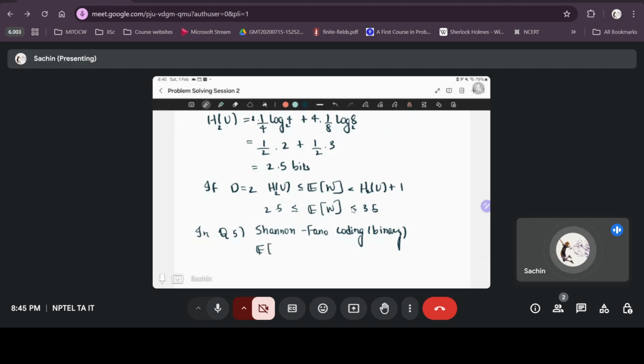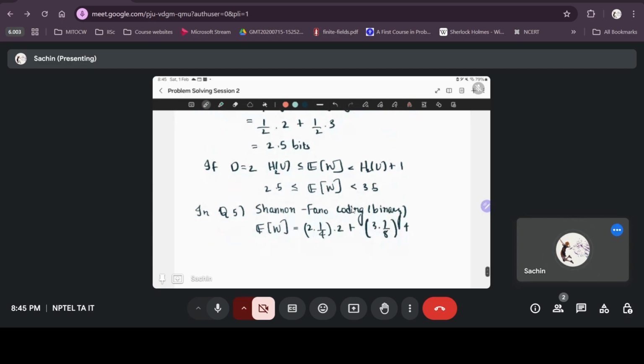E of W was: the length of the first two code words was 2, 2 into 1 over 4, 2 times, and the length of the last code words was 3, 3 into 1 over 8, 4 times, which is 8 plus 12 over 8, 20 over 8, 5 by 2, 2.5.